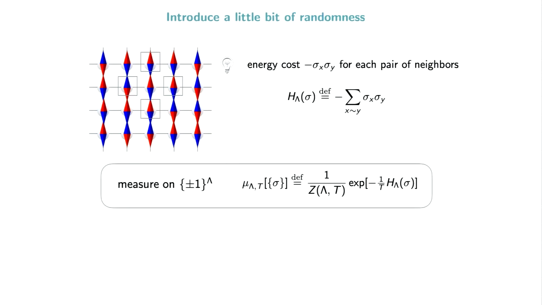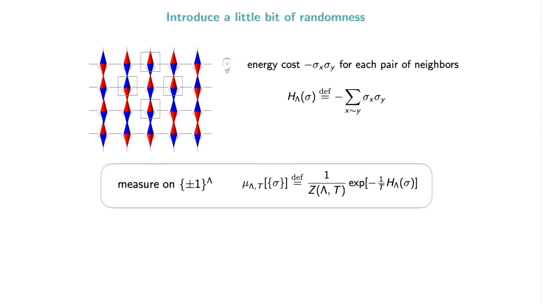And then the energy of the whole magnet is just the total energy, the sum over all neighbors of minus sigma x, sigma y. Note that here I'm making another assumption, which is that the magnets will only talk to their neighbors, try to align with their neighbors. You may think it's a strong assumption. I will come back to this later on.